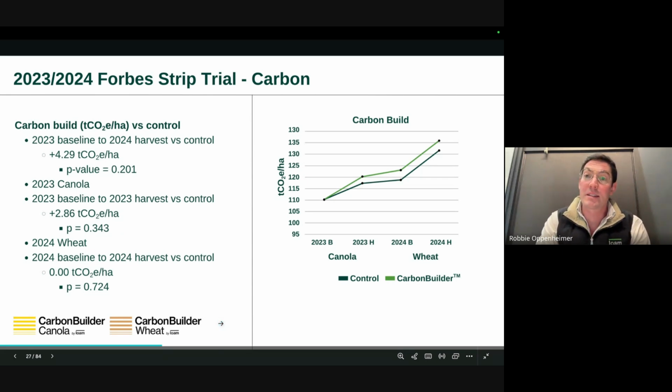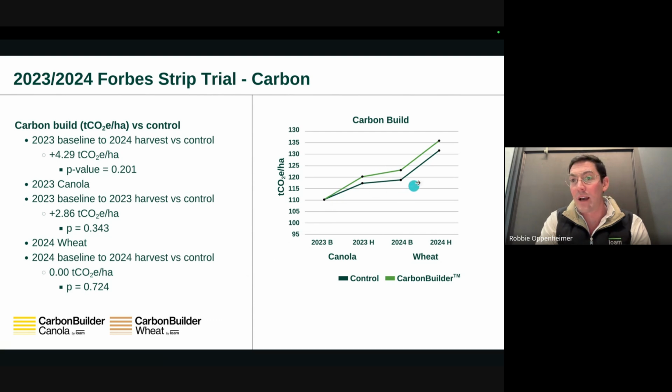So in this case, what we can see is an increase in both control and CarbonBuilder for carbon over that period, but a greater increase in the CarbonBuilder treated strips. What I'm really interested to see with this trial is when it hits the right season. The prediction would be that the uninoculated control will lose carbon and it will maintain that carbon in the treated strips by stabilizing carbon in the aggregate and mineral associated fractions.